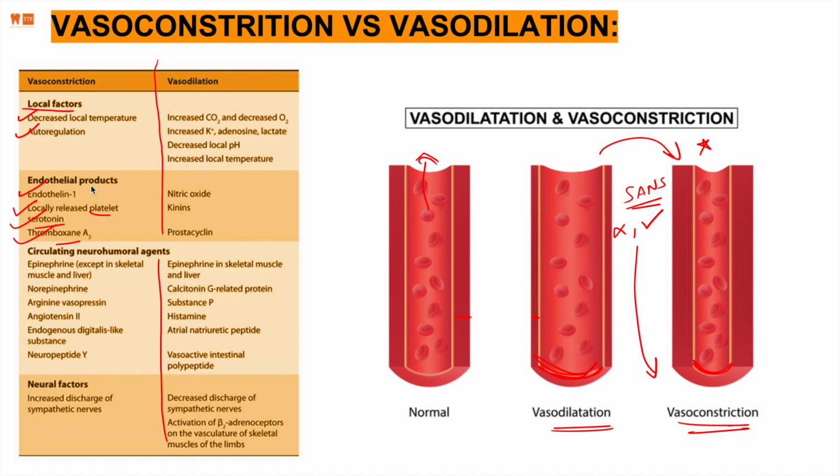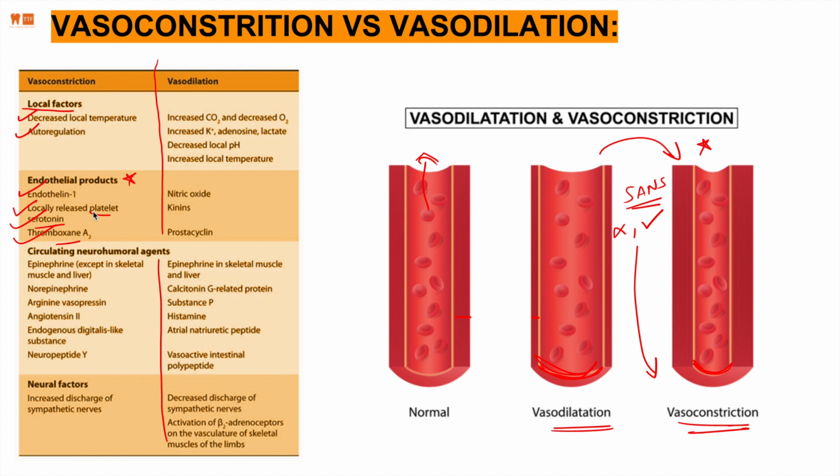All of these are responsible for actually closing the lumen as an endothelial product. So, I'll take an example. Thromboxane A2. Do you remember it from our NSAIDs lecture? It is a production of clot, and that's thromboxane A2. It actually produces a clot.